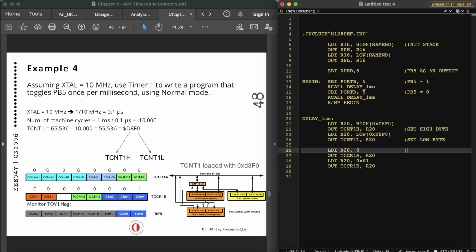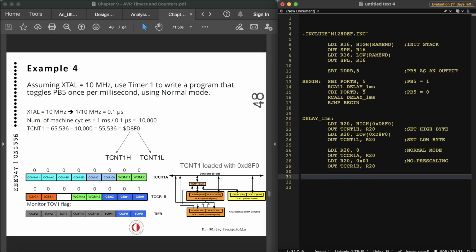Then over here, normal mode, no pre-scaling. Okay, done. So we are ready now.